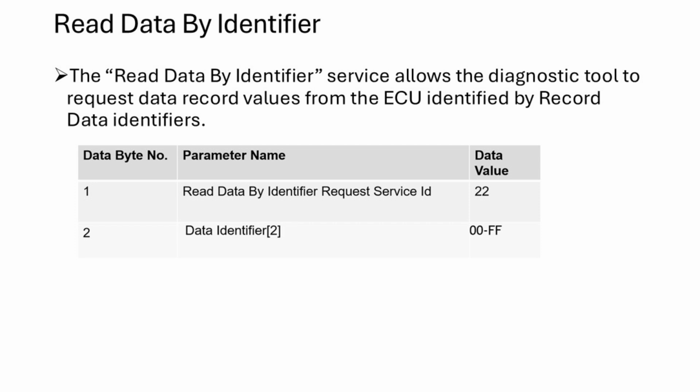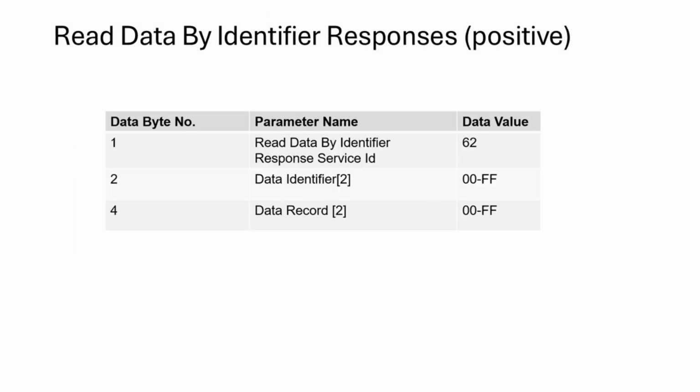I didn't write the example for this one, but I can say 22 F190 is the VIN number, a common data identifier, where the VIN number is stored in that DID.